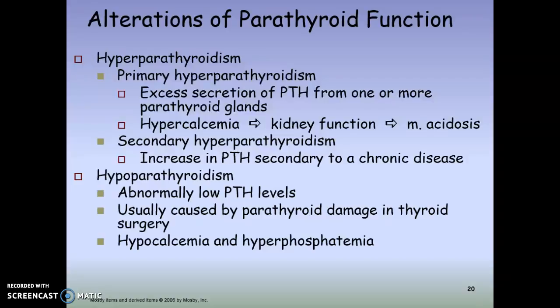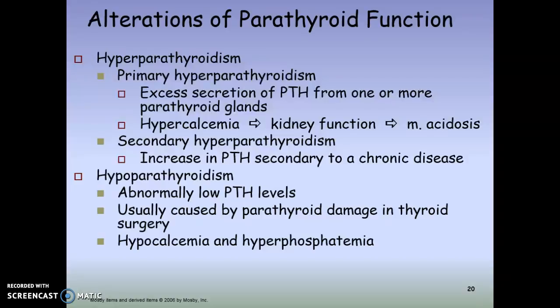Now, what happens with low levels of PTH? You develop hypocalcemia and hyperphosphatemia. Again, you have that inverse relationship. The ability to resorb calcium from bone and to regulate calcium resorption from the kidneys is impaired. So, hypocalcemia lowers the threshold for nerve and muscle excitation.